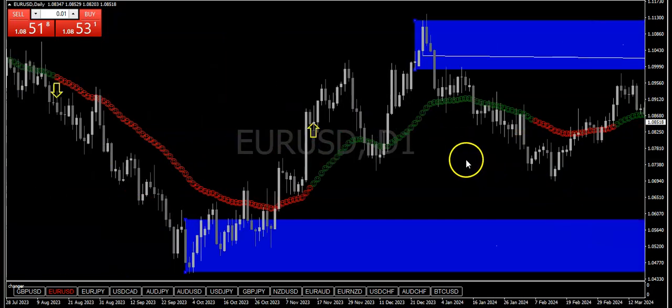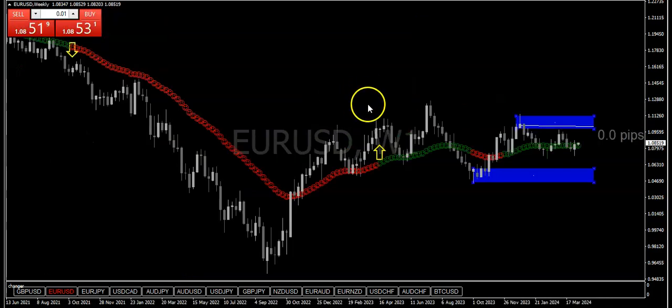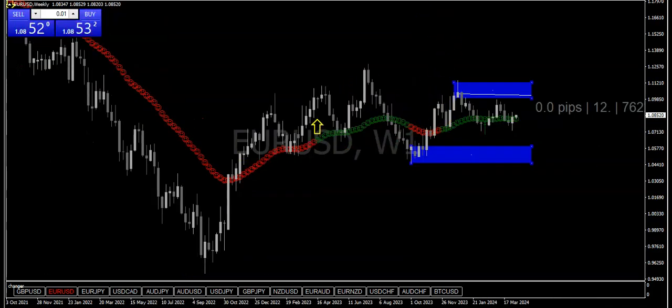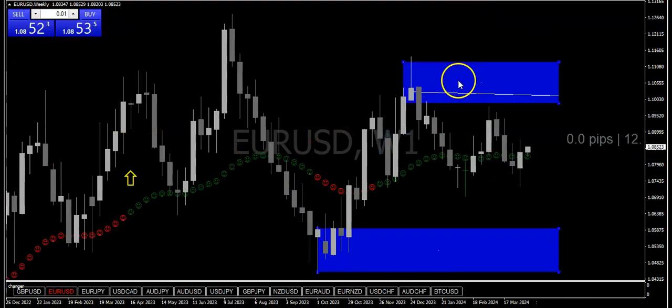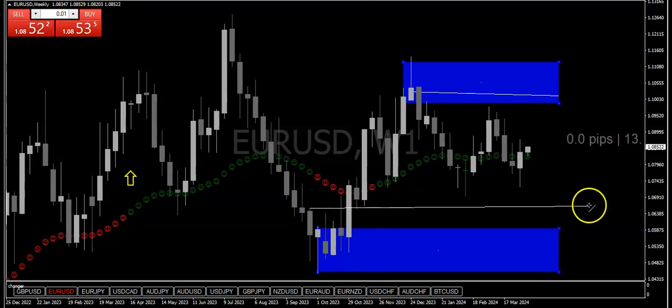But right now, where we at, you just see on the weekly what that looks like. I could get a better picture. So I'm looking for it to hit this area.